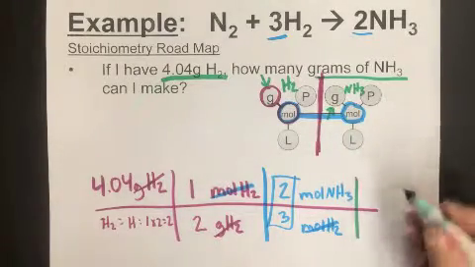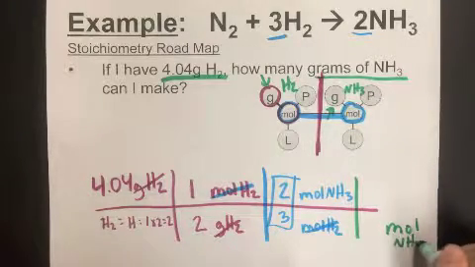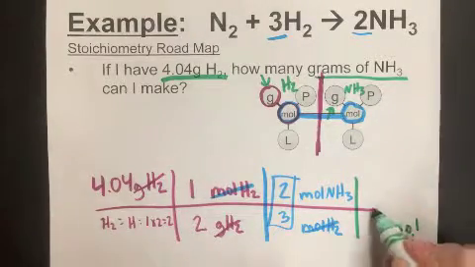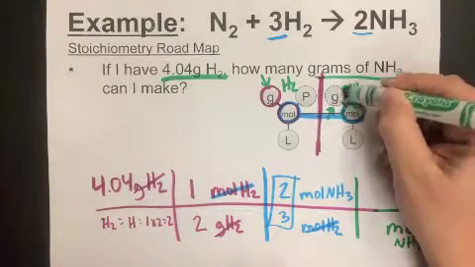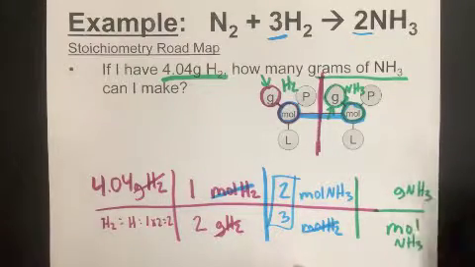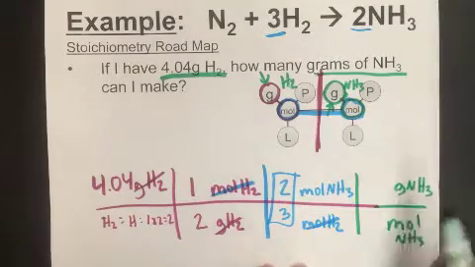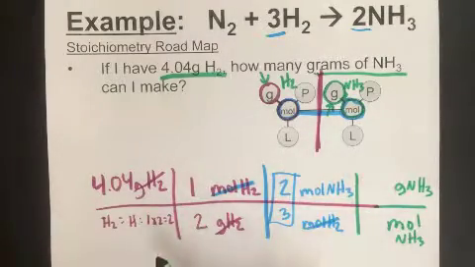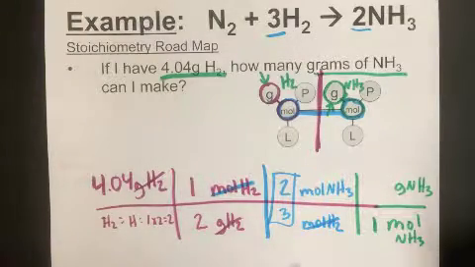We have moles of NH3 on top, so now we are going to put it on the bottom. In this step, we're going from moles of NH3 to grams of NH3, so that goes on top. This part of the conversion table has nothing to do with the other parts of the table. So with moles here, I'm going to put that 1 because it's not mole on top of mole.